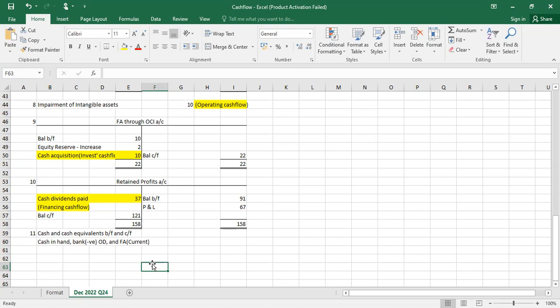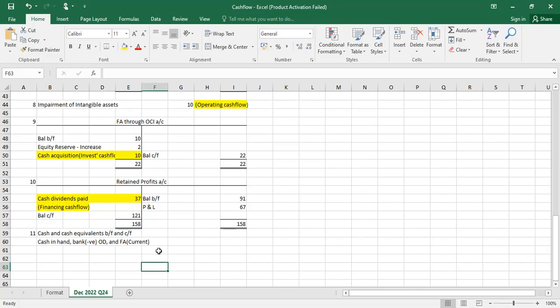So any financial asset which is current is normally an example of what we call cash equivalents. Cash equivalents are not cash, but they are short-term investments which one can easily convert into cash. In other words, you can easily sell them so that you receive cash.